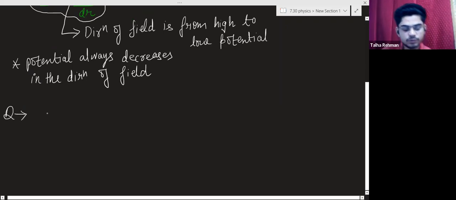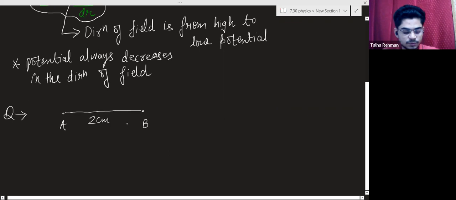There is one question. Suppose this is a point and this is another point. This is point A and this is point B. This distance is supposed to be 2 centimeter, and potential at point A is plus 6 volt, and potential at point B is plus 2 volt.